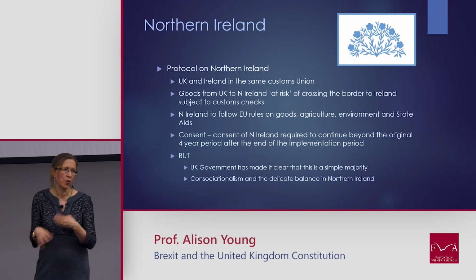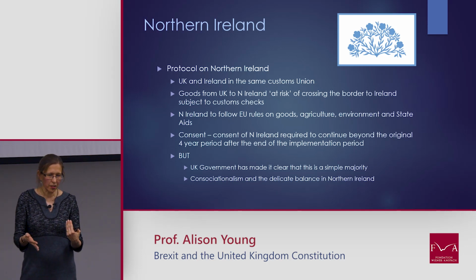You're moving towards a hard border, but they're used to a fluid border with integration, with common agricultural markets, with common energy markets. So it's going to create problems and tensions. Hence we have the protocol on Northern Ireland to try and deal with these tensions.